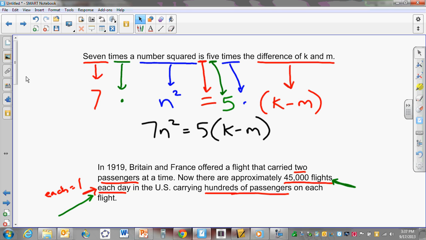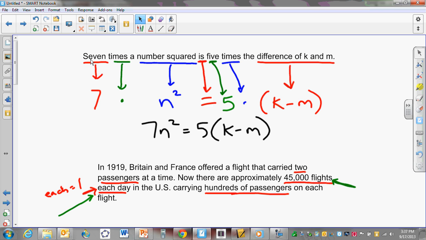Sometimes we have just an equation like this to where they want you to rewrite it. They don't necessarily need you to solve or simplify anything. They just need to rewrite it. And they'll have 7 times a number squared is 5 times the difference of k and m.